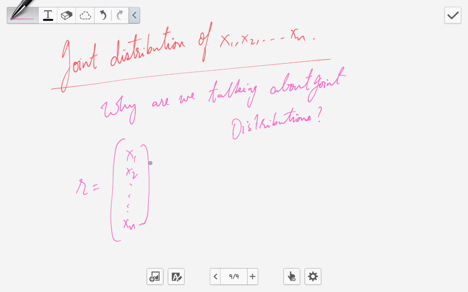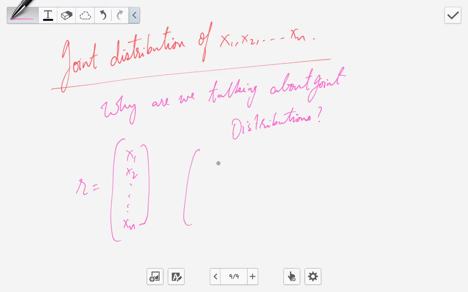It is like I want to have a combination of this, so I have to talk about a distribution that involves all of these. Even if one thing changes, that is a new distribution, a new combination again.